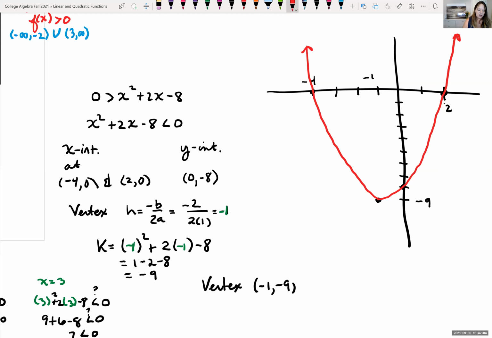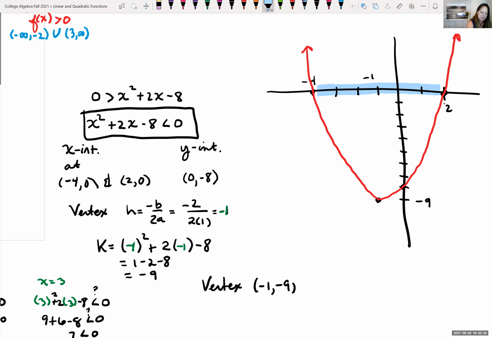For our inequality, getting everything to one side and keeping it in the correct direction, this is telling me I'm looking for my function for all my y values which are smaller than 0. So everything that falls below the x-axis. Everything that is below the x-axis gives the x values that are everything between -4 and 2.